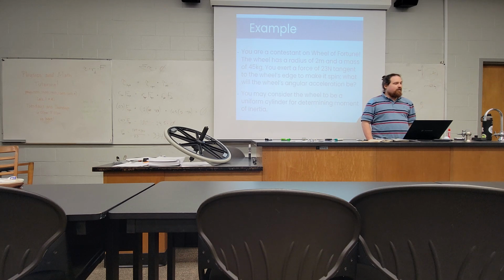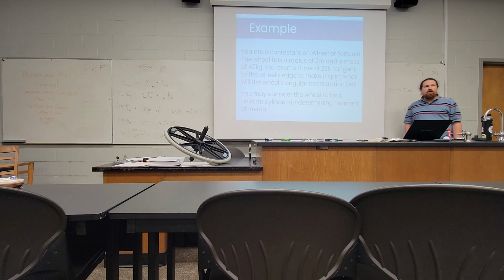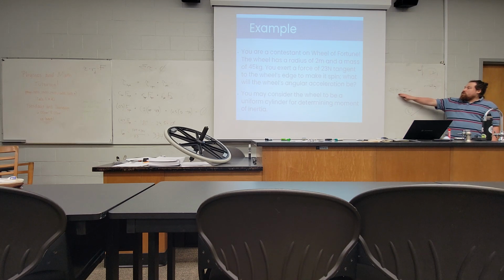So, we are going to spin this wheel, and we want to know what its angular acceleration is going to be when you apply that force. When you exert that force on that wheel, what you're actually generating is torque, since that force is a distance away from the central axis it's going to spin around. So you're going to generate torque, and that's going to cause it to spin based on its moment of inertia.